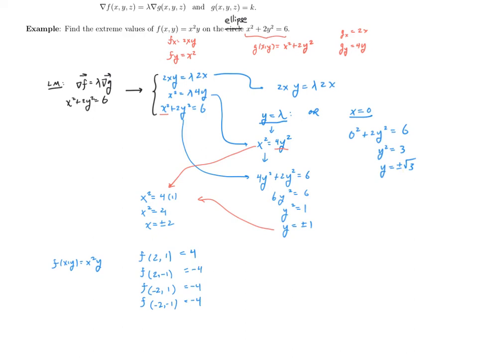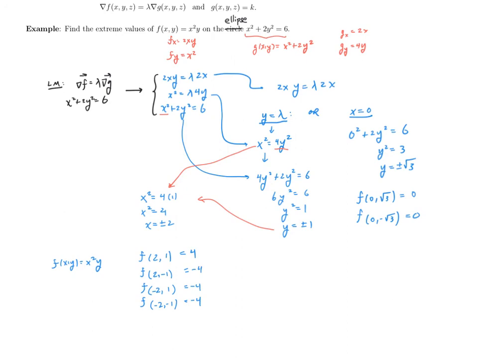That gives us 2 more points of interest. We could have 0, positive root 3 and 0, negative root 3. And we need to know what the function value would be at those points. But because our function is x squared times y, if x is 0, the outcome will simply be 0. So in terms of our list of potential absolute maximum and minimum values, there's the zeros, positive 4, and negative 4.